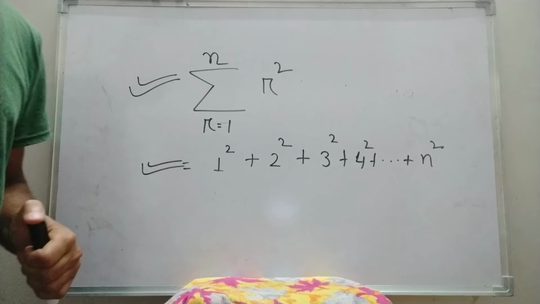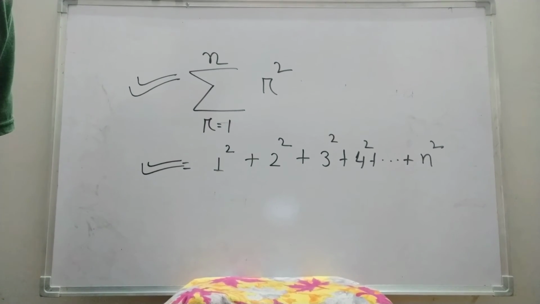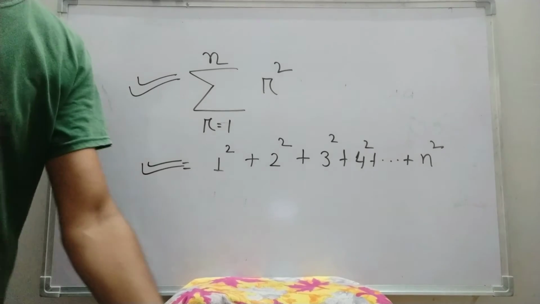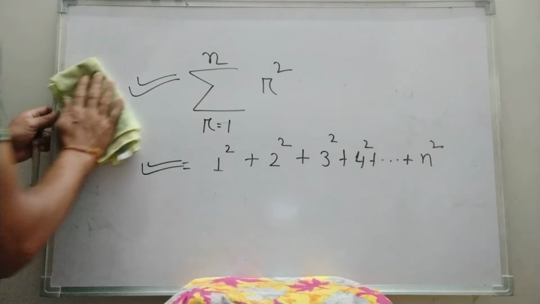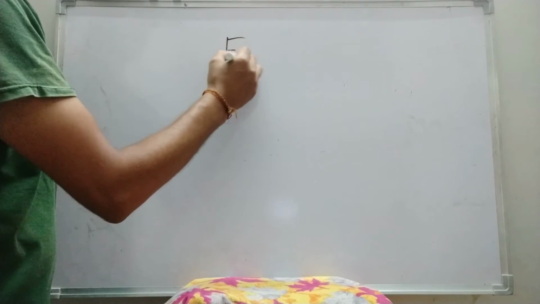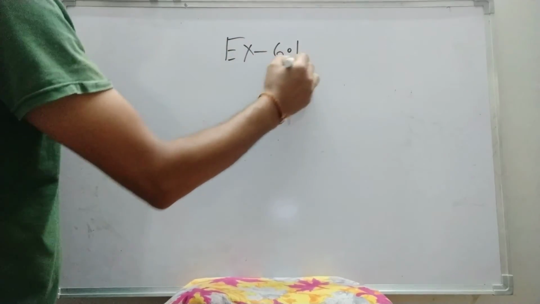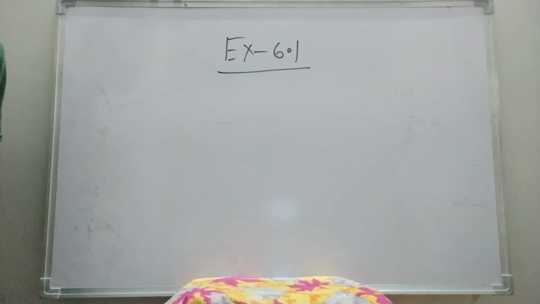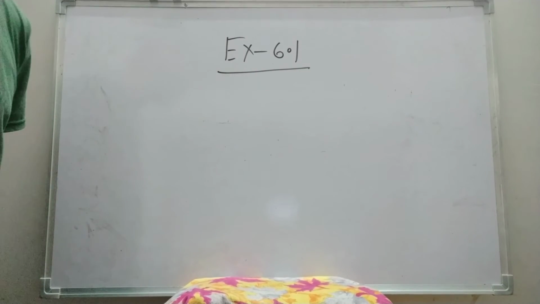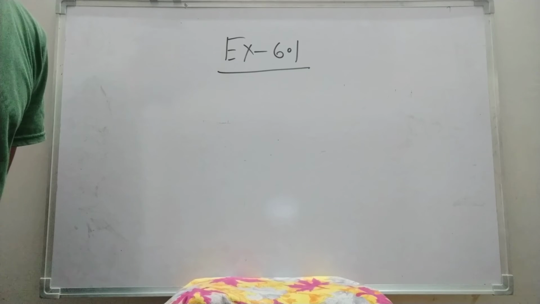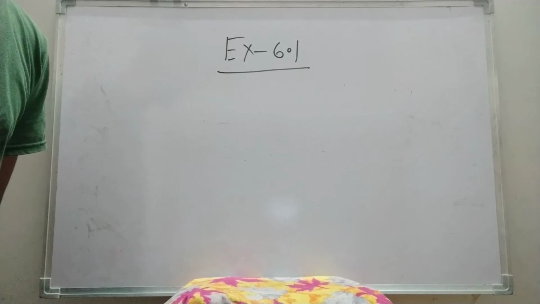Now we are going to move to some of the questions from exercise 6.1. So let us take the first question of exercise 6.1. Here in this first question, students, we are asked to find the first 7 terms of each of the sequences.